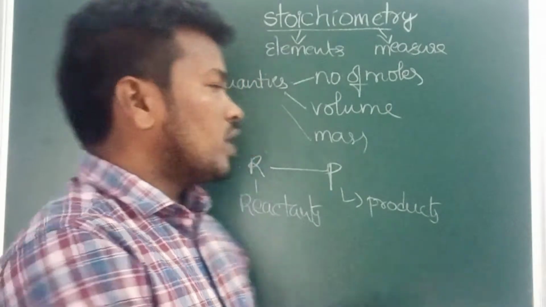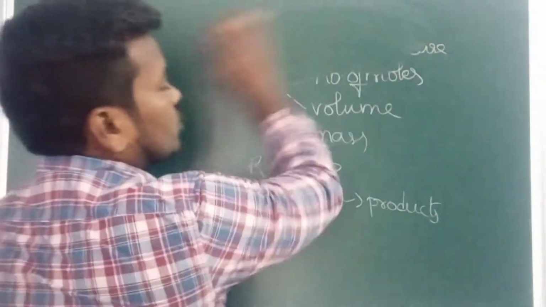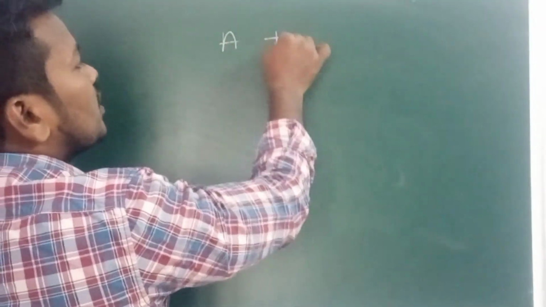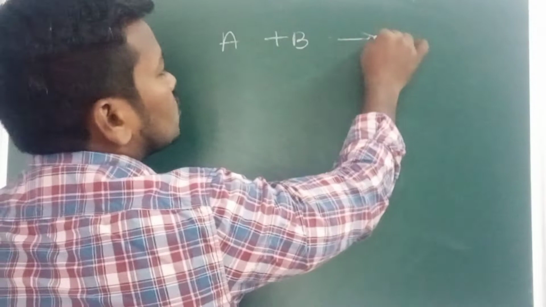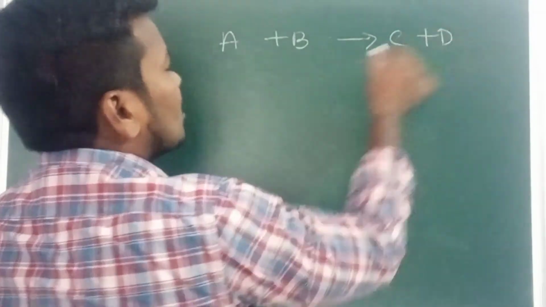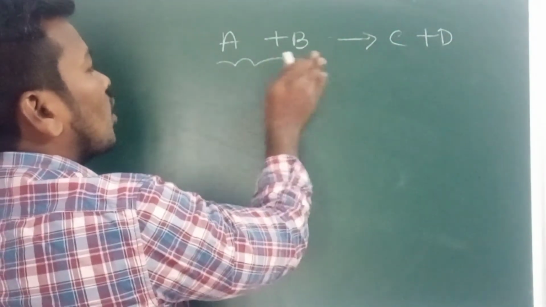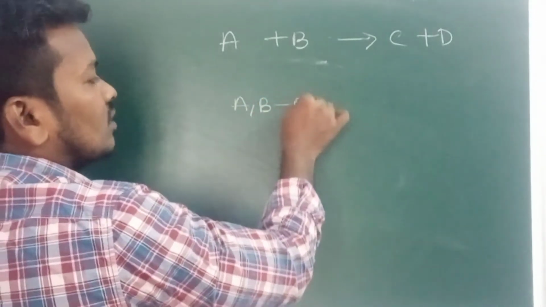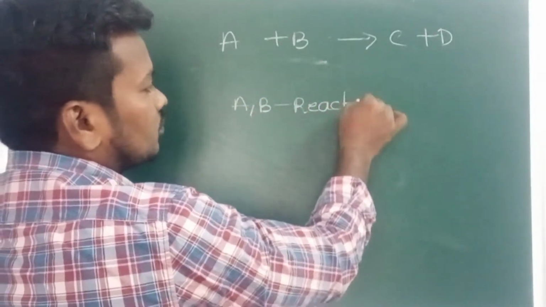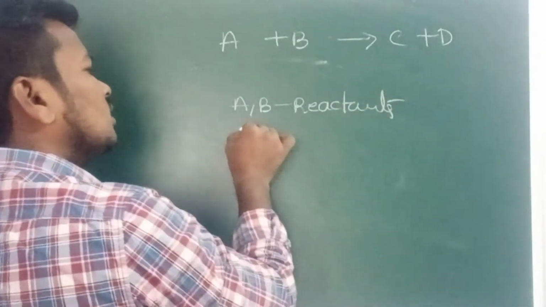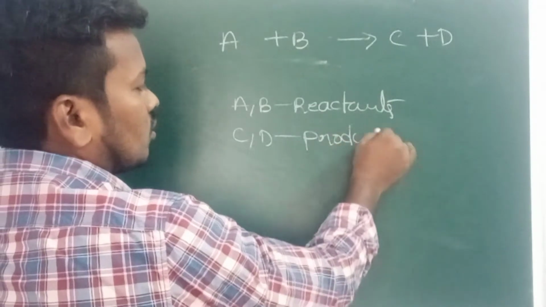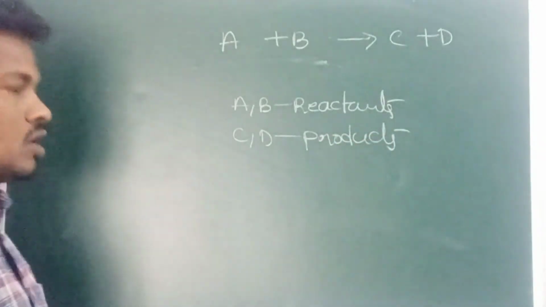Now consider another reaction, along with the stoichiometric coefficients. I am taking A plus B gives rise to C plus D. Here A and B are called reactants, and C and D are called products.